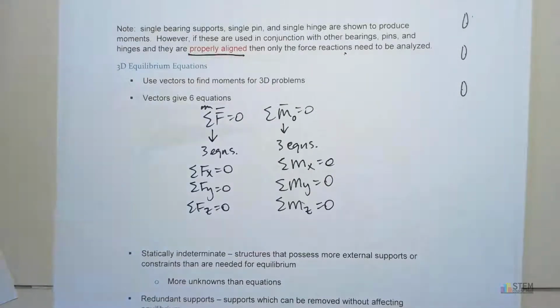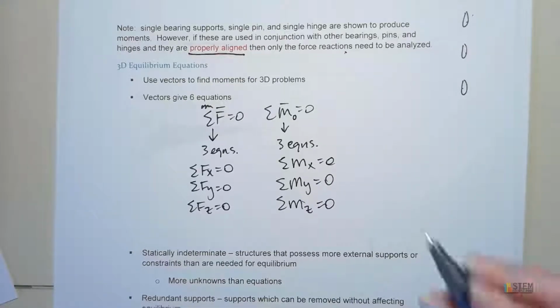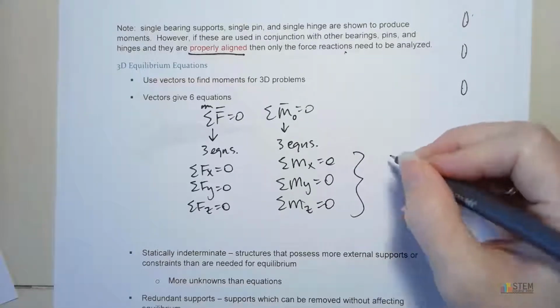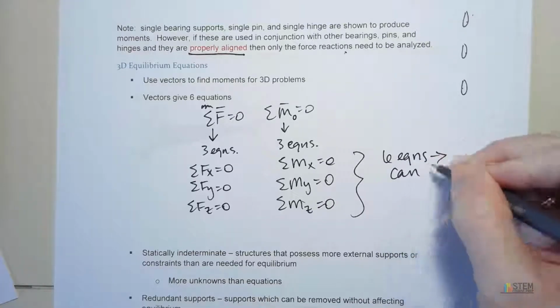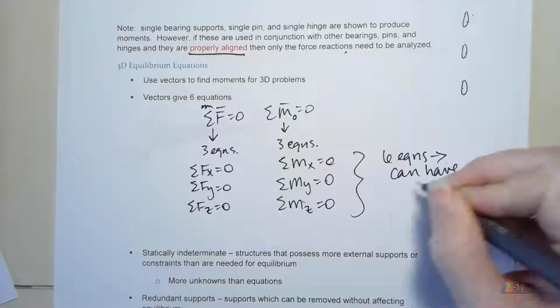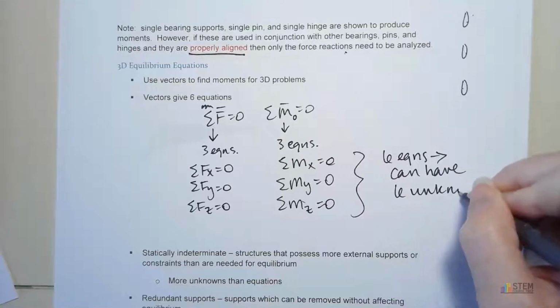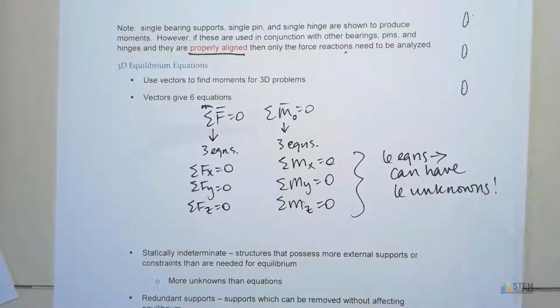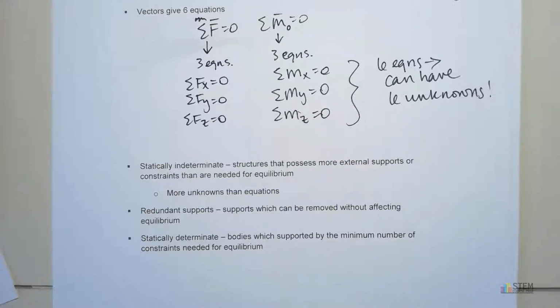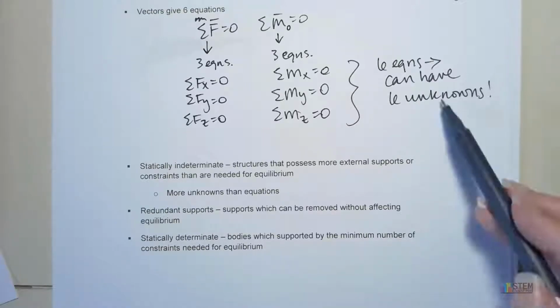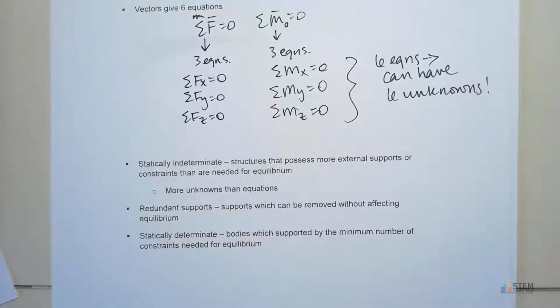So how many unknowns could you have if you've got 6 equations? You could have 6 unknowns. So these problems are going to be longer than the 2D problems. In the 2D problems, we only had 3 equations. Here we've got 6. So more algebra for you.